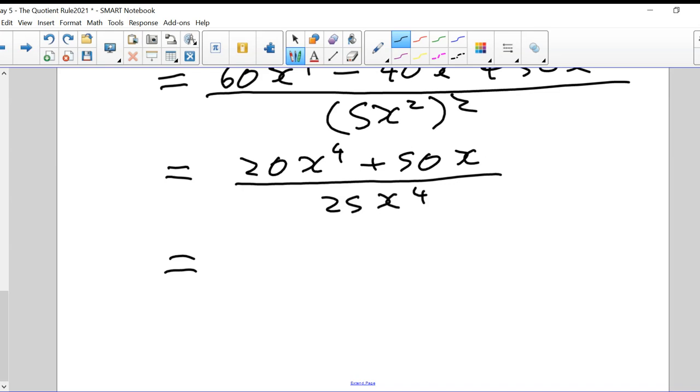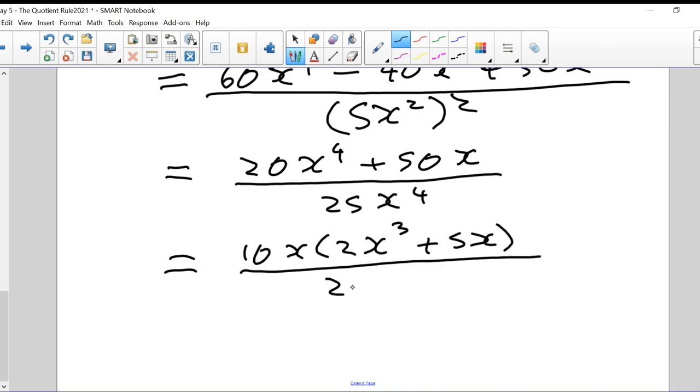No suggestions at all? What do you think? Anything at all? Cancel? Well, we can't cancel yet, Elisha. We have to factor out first. Yes, let's factor out, in fact, more than just 5. I think we can factor out 10. Right? We can factor out a 10x, can't we, out of the top? So if we factored out a 10x, we would get 2x cubed plus 5x, I'm thinking, over 25x4.